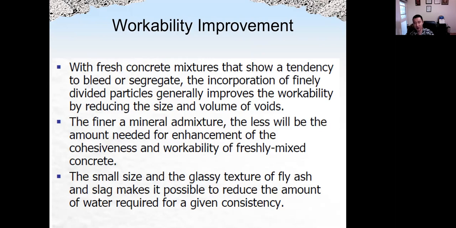We need to transfer a certain amount of energy to make the concrete fully compacted. So workability means how much energy we need to consolidate the concrete. Better workability means we need less consolidation. Cohesiveness means how easily the concrete will segregate or bleed.